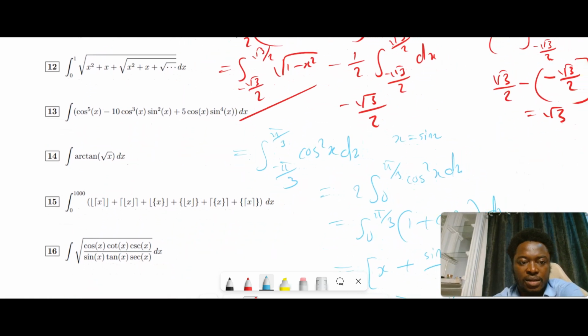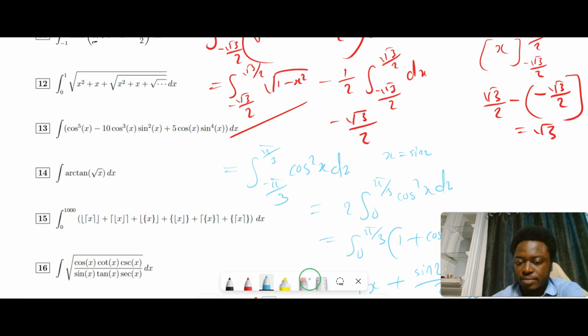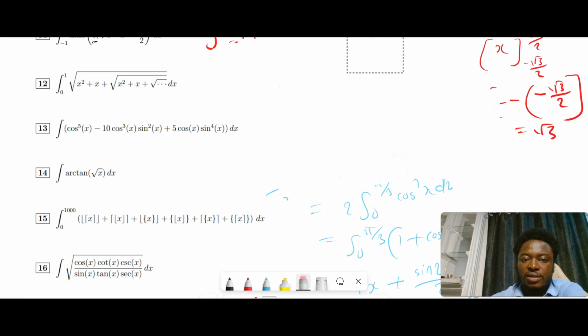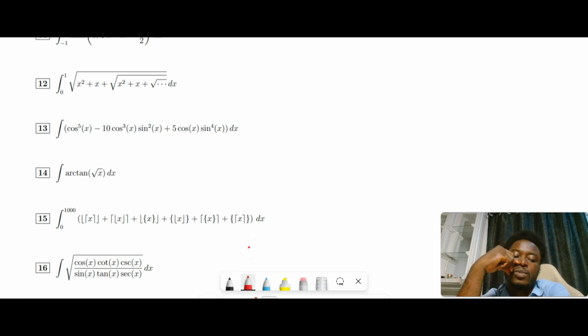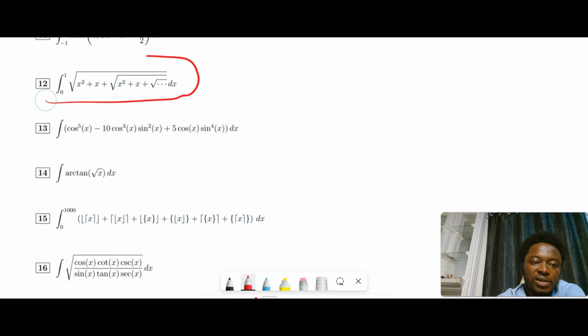Now let's see, for this part here, how do we go about this one? I don't like these kinds of problems, because there's so much work to do.